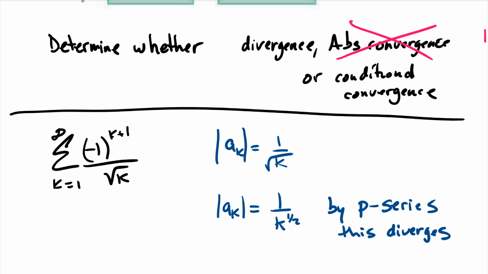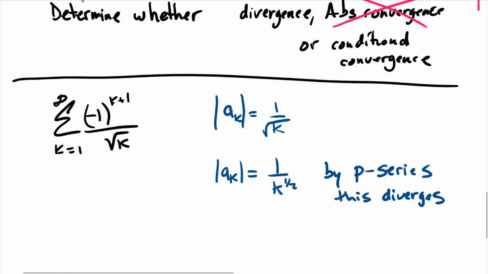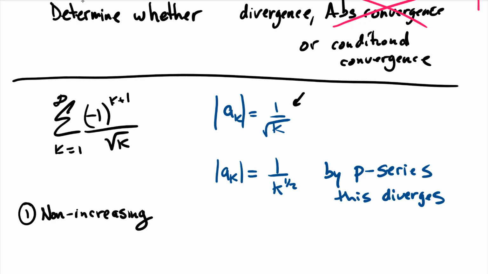Now we go back to what we did before in the last videos. We're like, okay, well, let's see if this thing is going to conditionally converge. You didn't know you were doing that before, and that's what's happening. So the two rules, right? We have to have that it's non-increasing. And again, we're only looking at the absolute value part. And yeah, that's true. That's 1 over k to the 1/2, and yes, that's going to decrease.